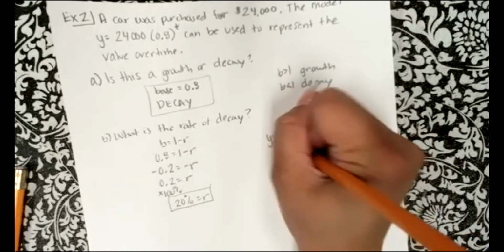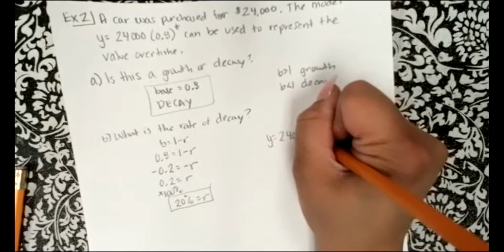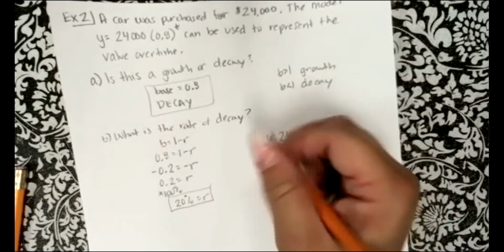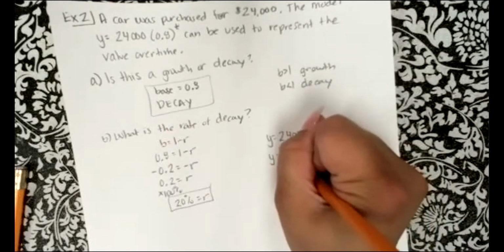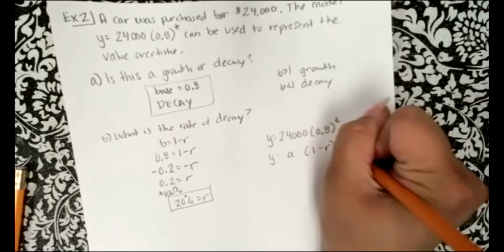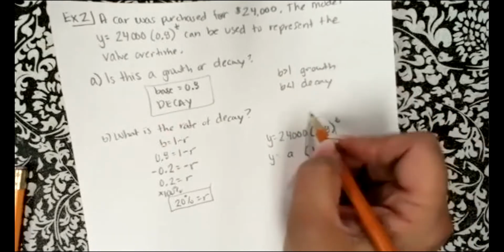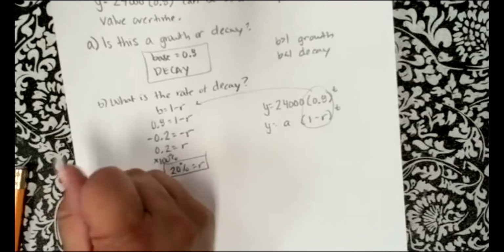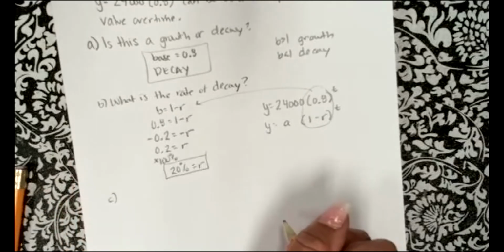This is the original problem. And because it's a decay problem, this is y equals a times 1 minus r raised to the t. That is the reason why this is what I solved. Now this is a little bit different.